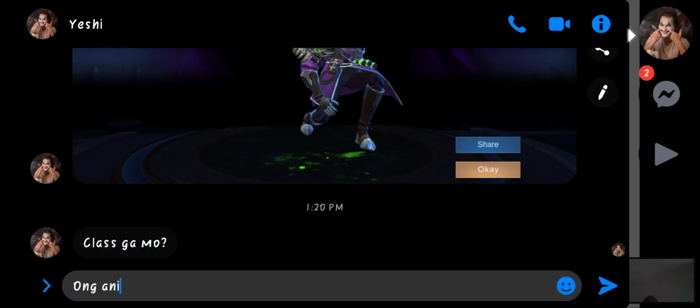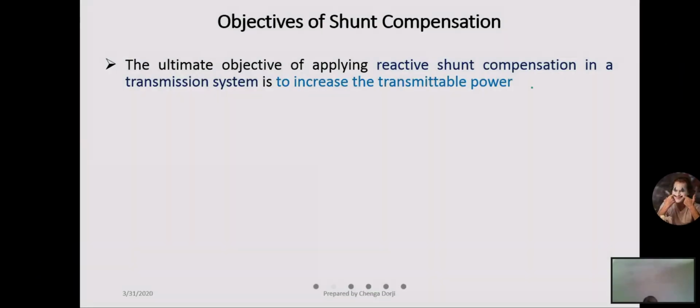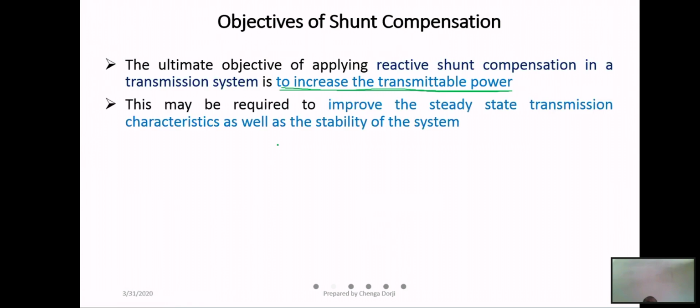Finally, the main or ultimate objective of applying reactive shunt compensation is to increase the transmittable power. Another objective is to improve the steady state transmission characteristics as well as the stability of the system.